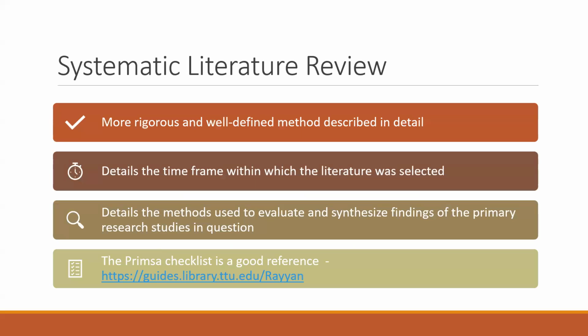So a systematic literature review is a little bit different. It's more rigorous and well-defined and described in detail. As I said, one thing about systematic reviews is you want them to be replicable. So anybody who's reading your paper can go and do the same search that you did and get the same results, which is really great. It details the time frame within which the literature was selected. So you won't be having it until present.